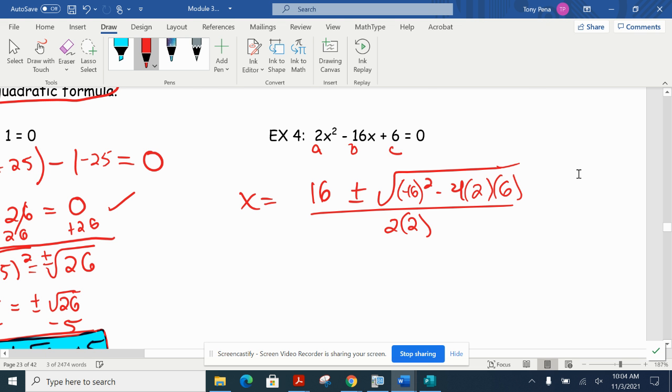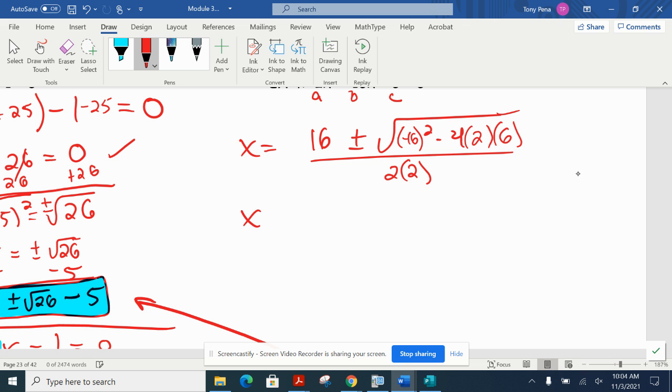The substituting looks pretty good. Now negative 16 squared should have been 256. When we multiply all those together, you should get 48. All of that gets divided by 4.